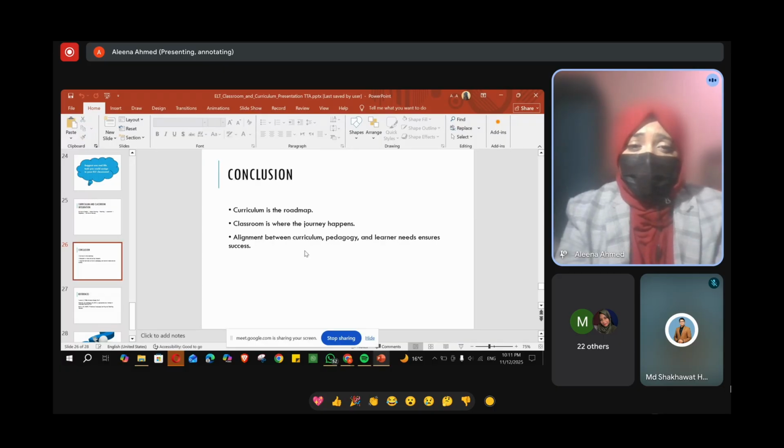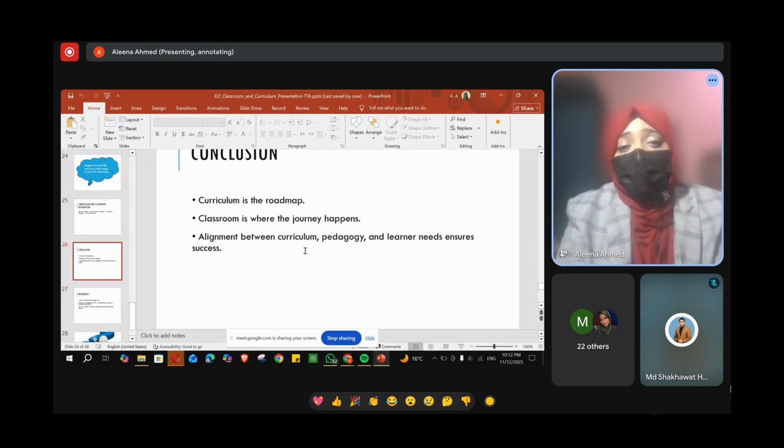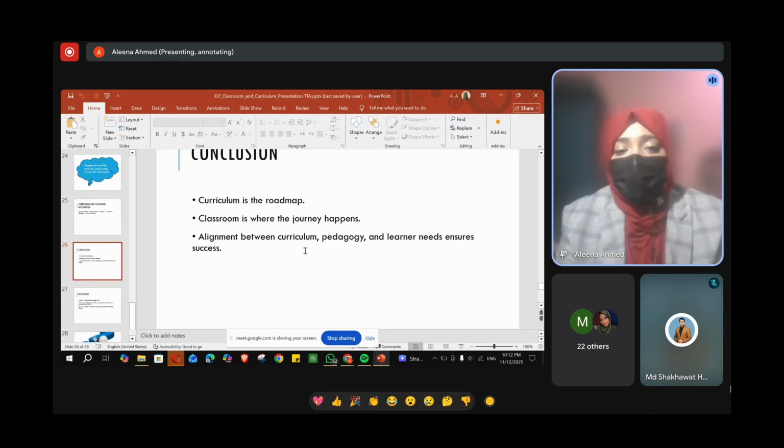At the end, I would like to conclude that curriculum is a roadmap, and the classroom is where the journey happens. Definitely, in the classroom, we apply that roadmap, that whole plan that we have decided on to produce our learners as interactive, innovative, and creative beings.